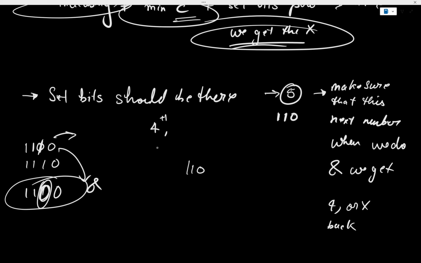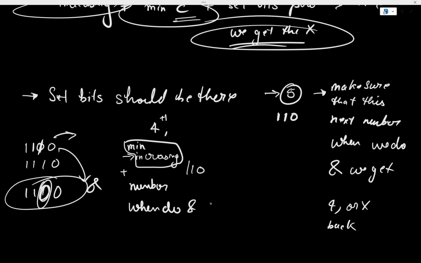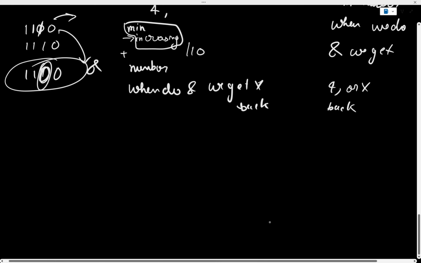So to always ensure that it's increasing plus minimum increase, sorry, we can say minimum increase plus a number, when we do AND we get x back. I think this much is pretty clear.